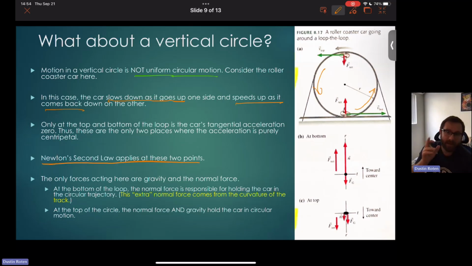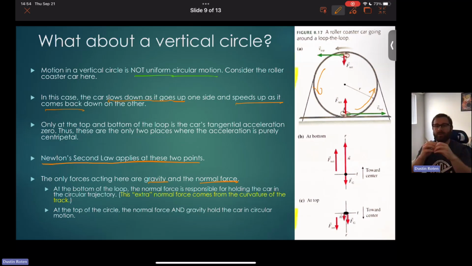At these 2 points, the only 2 forces we have are essentially gravity and the normal force. So at the bottom of the loop, let's look at this first. At the bottom of the loop, the normal force is responsible for holding the car in the circular trajectory. The track is curved, and the particle wants to move in a straight line.